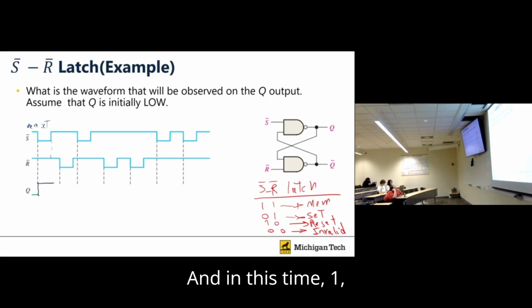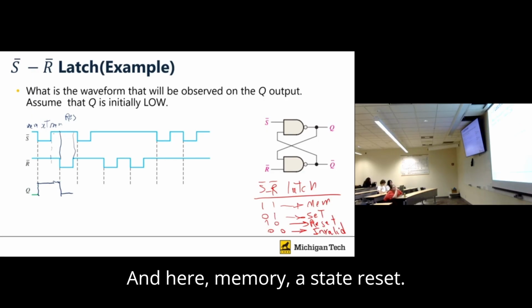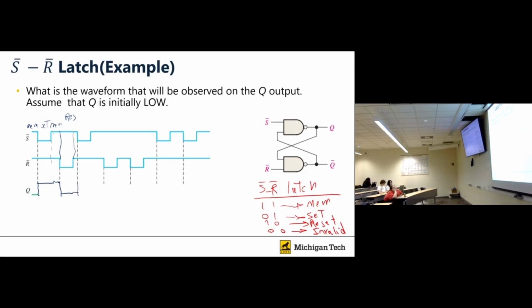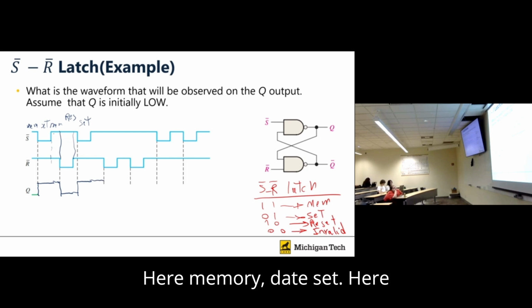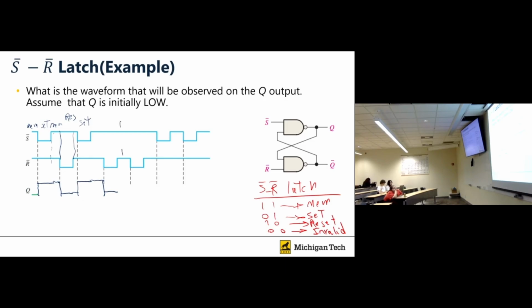And in this time, 1, 1 is memory. And then 1, 0 means reset. Here we have reset. And here, memory, stay reset. Here is set. Here memory, stay set. Here is set. Memory, because 1, 1 is memory.